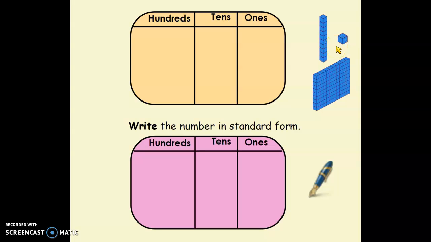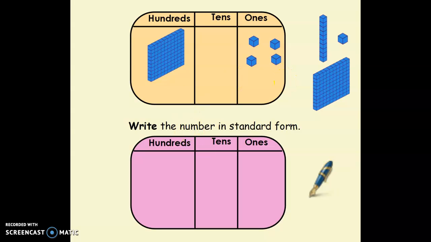I am thinking of a number. Let's see, it is the number 104. So I have 104. I don't have any tens. I have 4 ones. 1, 2, 3, 4.